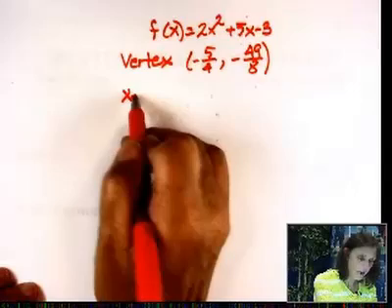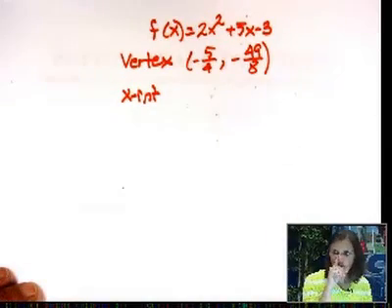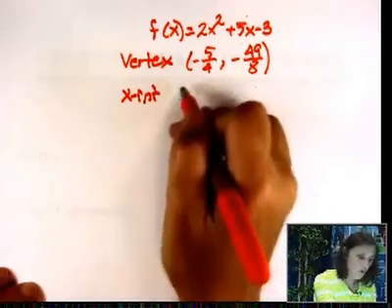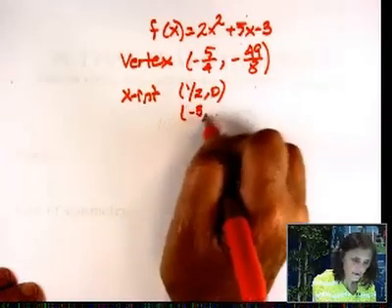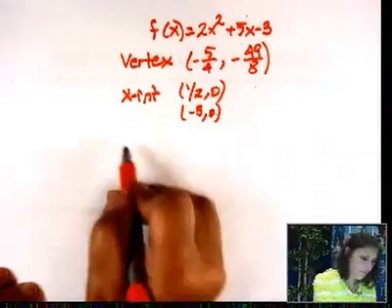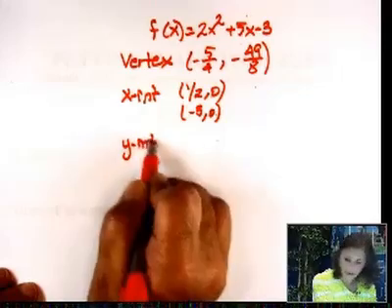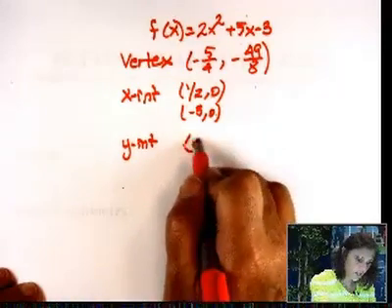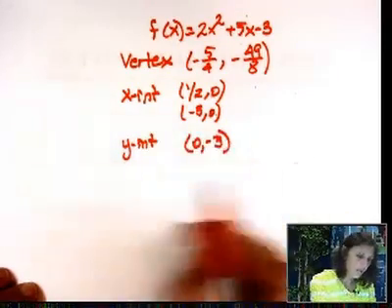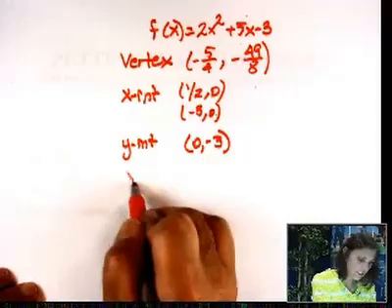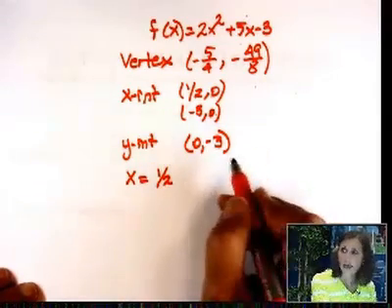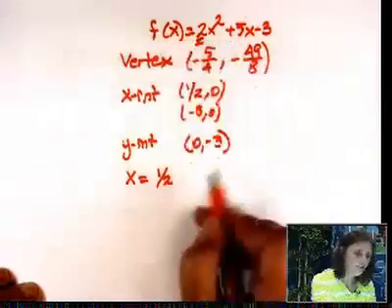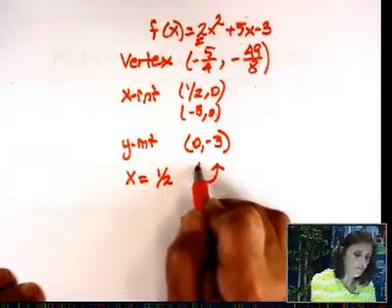My x-intercepts, I'm just copying from the previous page, 1/2 and negative 3. And my y-intercept is 0, negative 3. And my axis of symmetry is when x is 1/2. And since this is positive, it's going to open up.